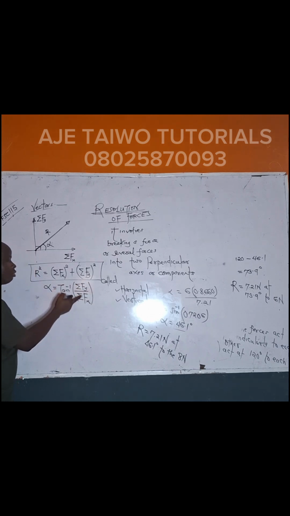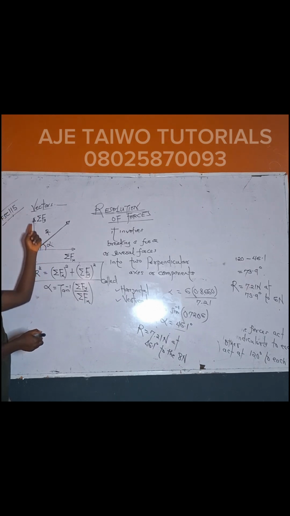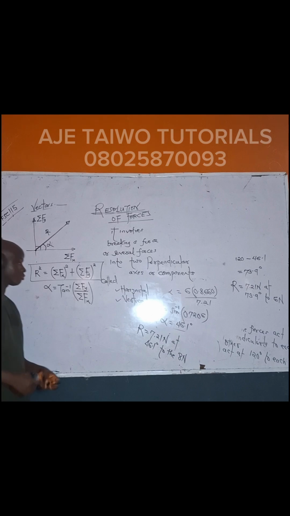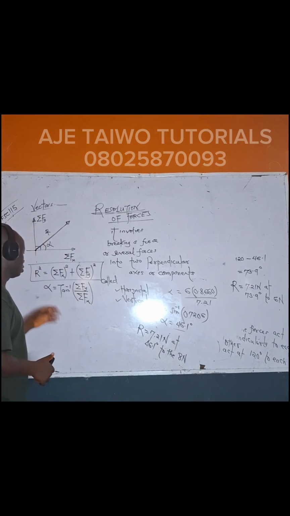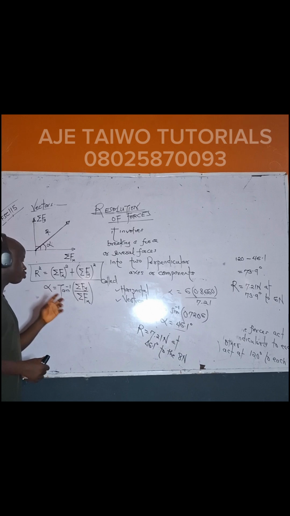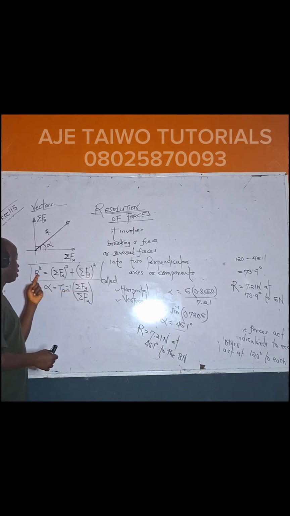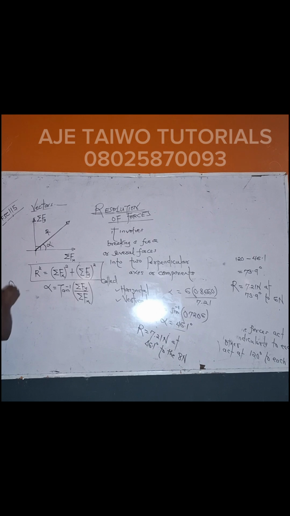Vertical value over horizontal value. This is how to get your angle direction. Don't forget, there are two angles. This is the direction of the resultant.